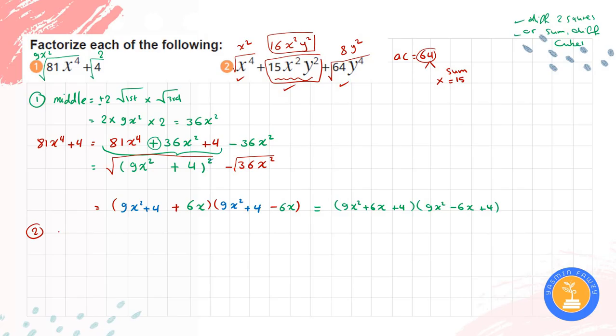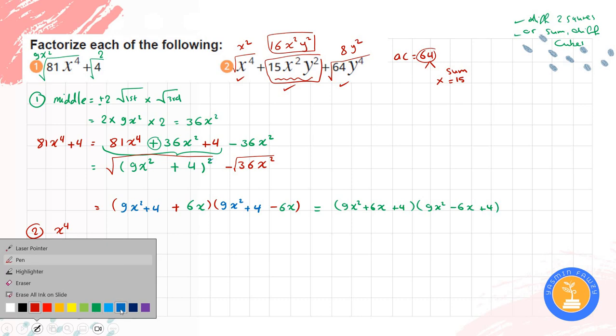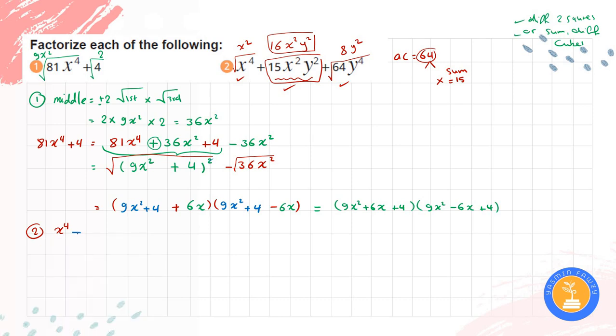I will write the first term as this, and instead of our middle term we will put plus 16x to the power 2 y to the power 2. Then the last term will be plus 64y to the power 4.